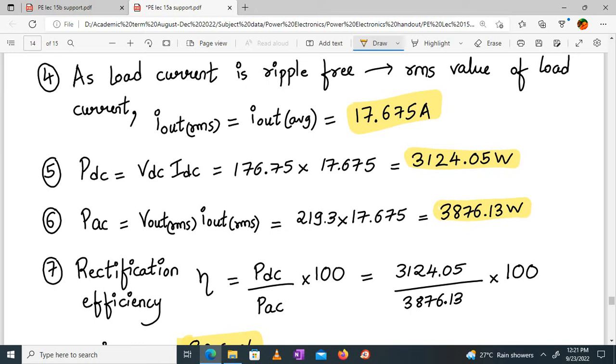As it is, all the values are matching. PDC is coming out to be 3124 watts. PAC will be V out RMS into I out RMS.